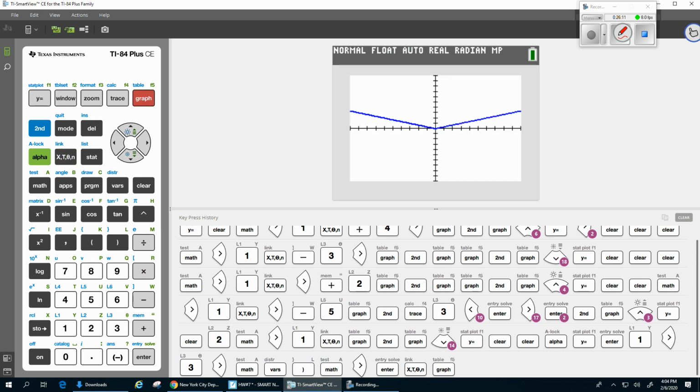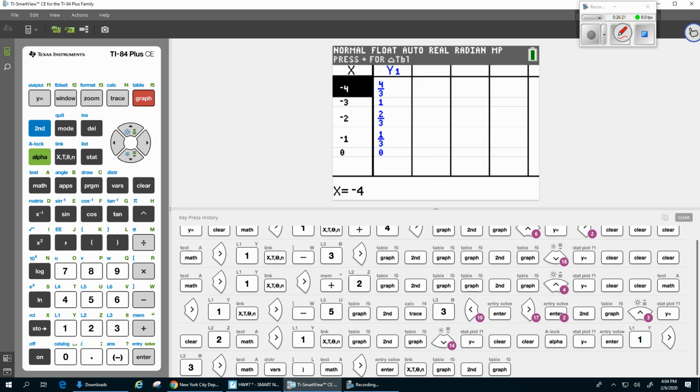Wow, this is much wider. The vertex again is at the origin and it's a minimum. Let's look at the table. So now I know that 0, 0 is my vertex, so I'm going to center my table on that value.